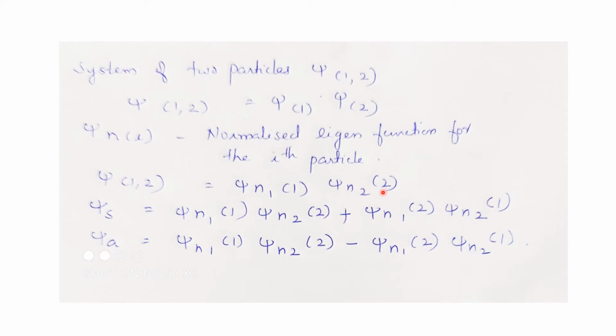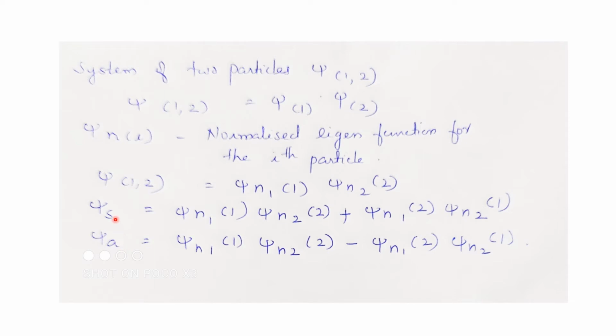But since the particles are identical, particle 1 may be in state n2 or particle 2 may be in state n1. Then we can write the symmetric as well as anti-symmetric wave function.